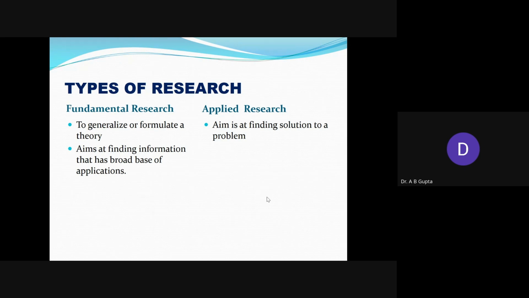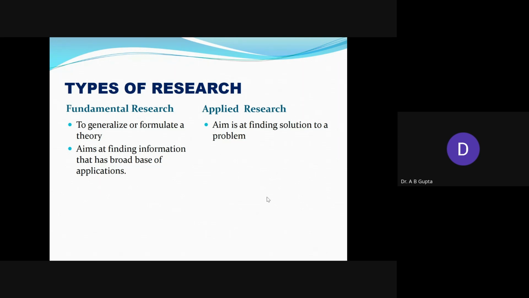In fundamental research, I want to generalize something. I want to formulate a theory, generalize a certain theory, certain concept. If that is the purpose, then my friends, you focus on fundamental research. The aim is to find information that has a broad base of application. That is fundamental research.